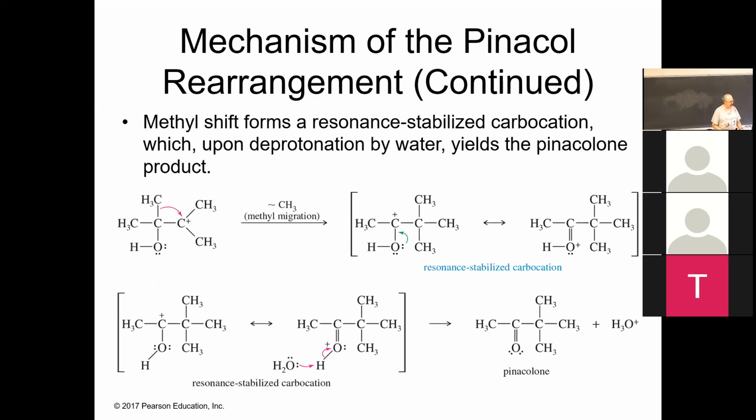So we get a methyl shift. And it turns out that this resonance stabilized cation is more stable than the original tertiary carbocation. So we can delocalize the plus charge on the carbon and on the oxygen. So in the last step, if we look at this resonance form right here, water comes back, removes that proton, and then we get this ketone.